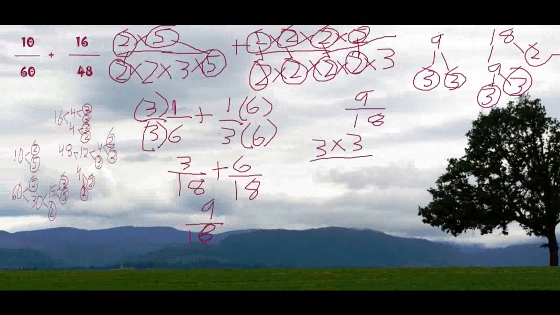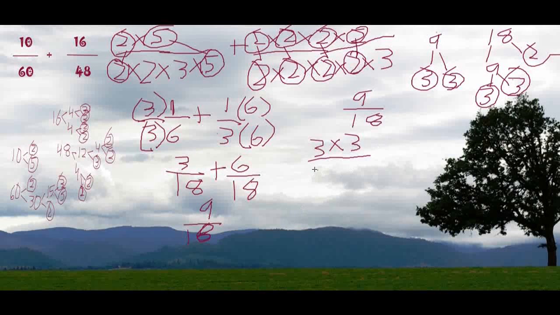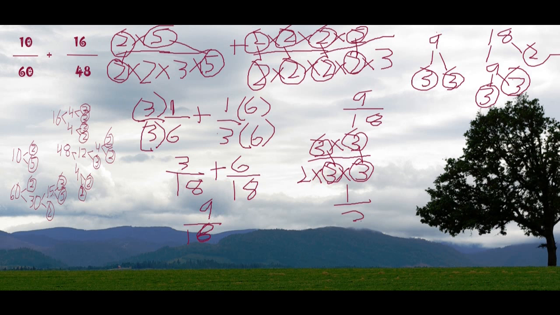It escaped. And so we get 2 times 3 times 3. Look for the partners. And then we got nothing left on top, so that'll become 1. And the only thing we have at the bottom is a 2. So at the end of the day, we are left with 1/2. And we're all done. Look at that.